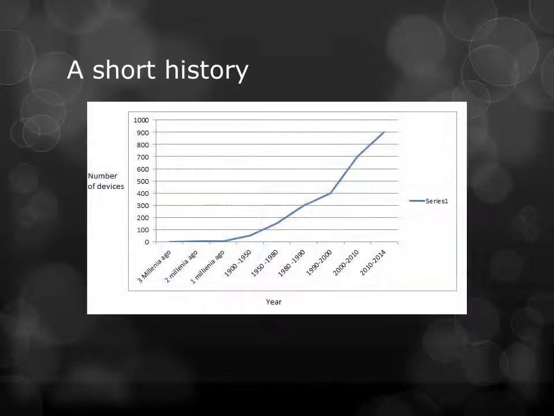The initial wearable device, armor, was invented around 3 millennia ago. Since then, you can see that the total number of wearable devices from 3 millennia ago to 2014 has risen exponentially. In fact, there has been an exponential increase from the 1990s to 2014. So the rate at which technology is progressing is indeed amazing.